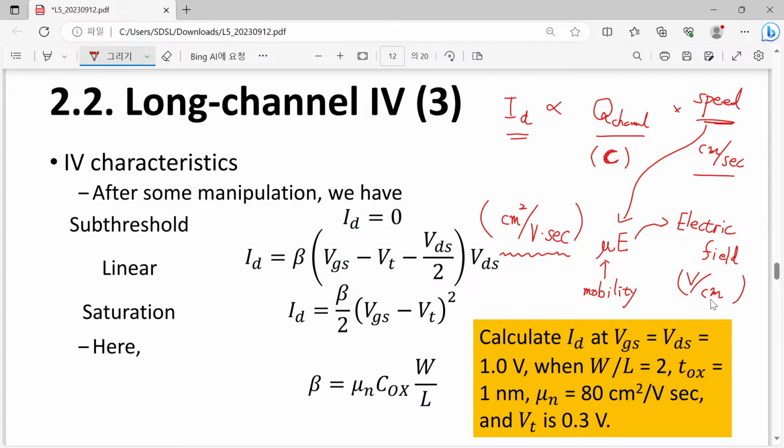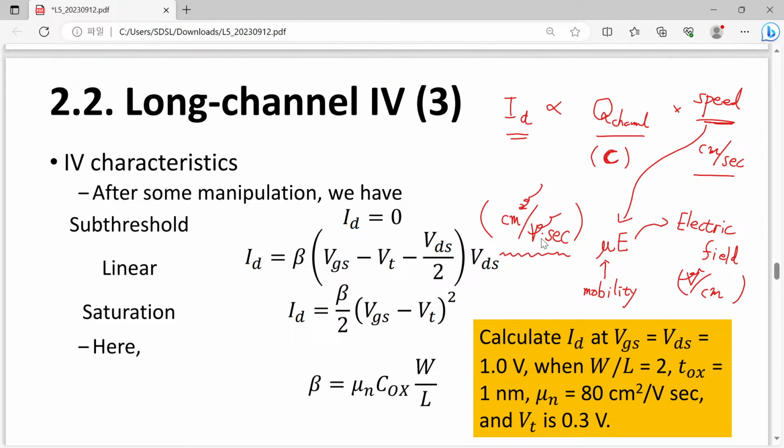Then you will find that the centimeter is eliminated and the volt is eliminated, and you will eventually have a centimeter per second quantity. So now you understand mobility times electric field will give us the speed of our carriers.